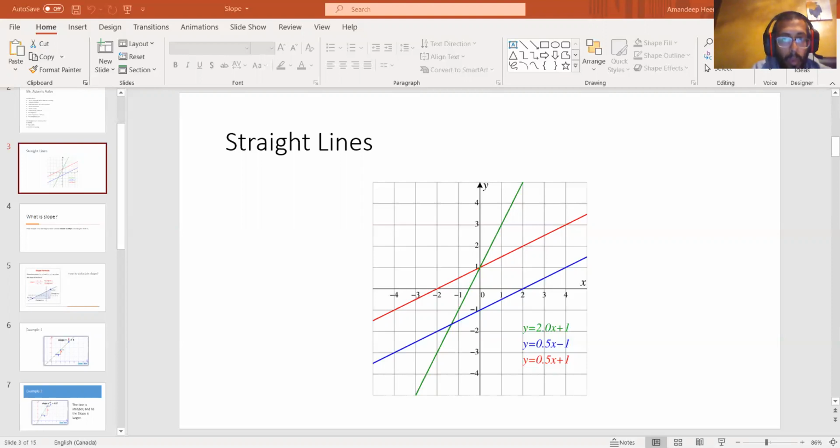Suppose you have 2 points, and a straight line that connects those 2 points.